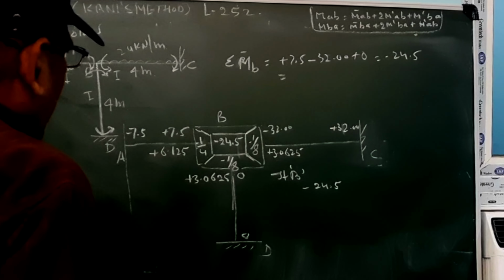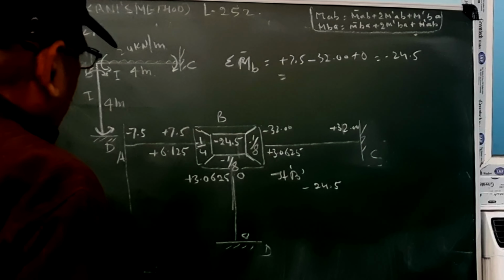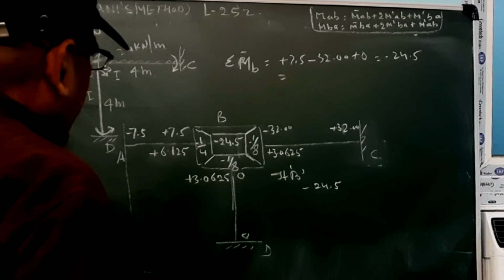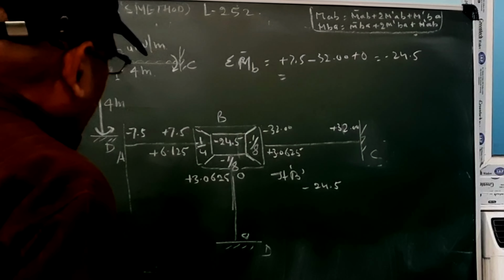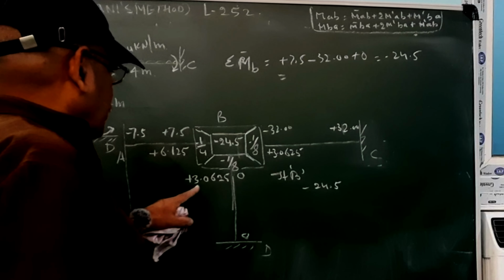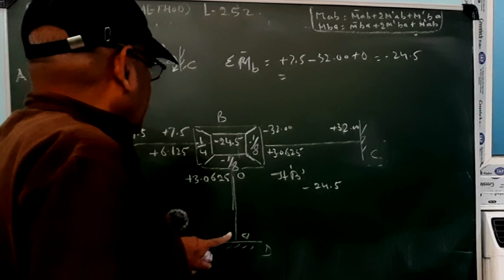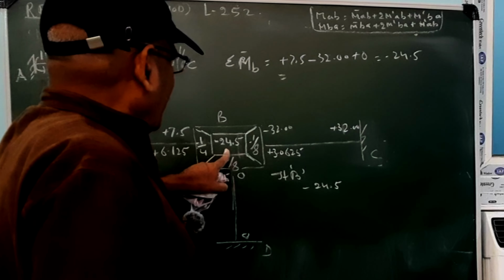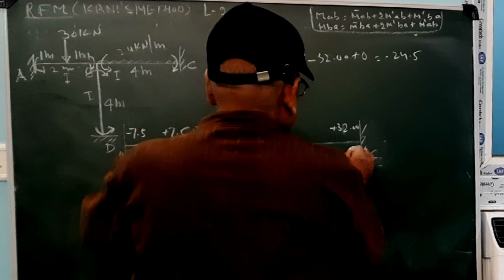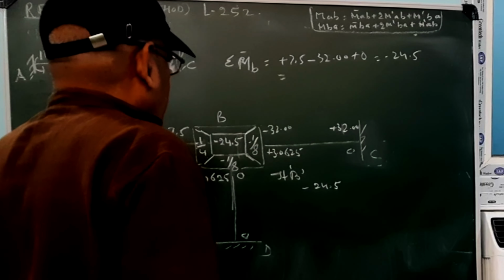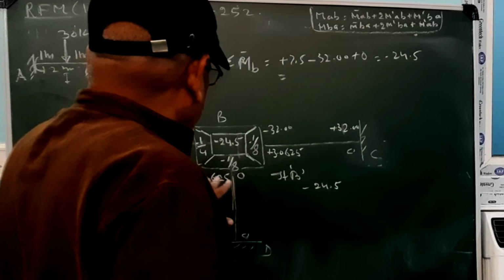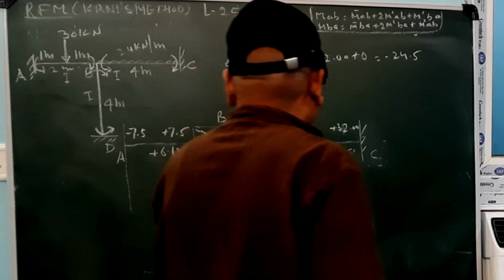We can take some addition, that is 3.0625, and this is 0. Contribution is not coming, so these are the final moments you can put.